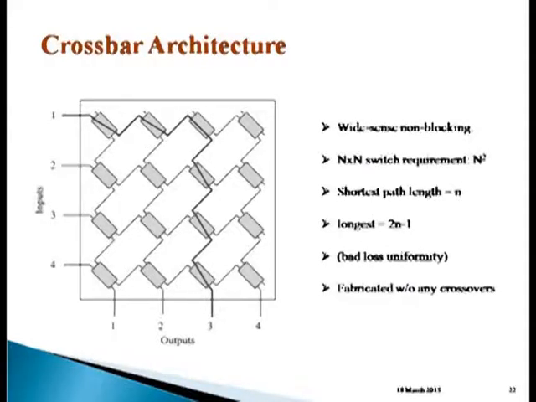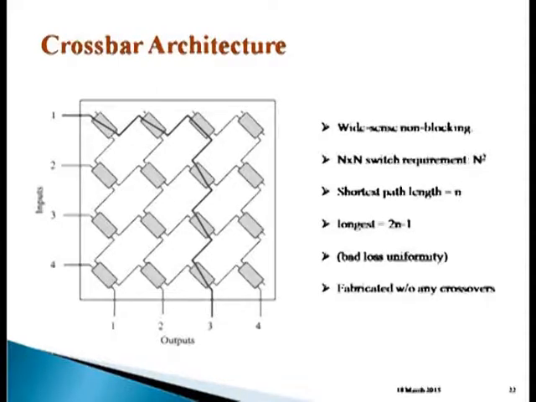The shortest path length is n; in the example of 4x4, if I am connecting 1 to 1, I need to cross at least 4 switches. Similarly, the longest path length is 2n minus 1. In this case n is 4, so the longest path length would be 7. That means to connect 1 to 4, I would need to cross 7 basic switches.